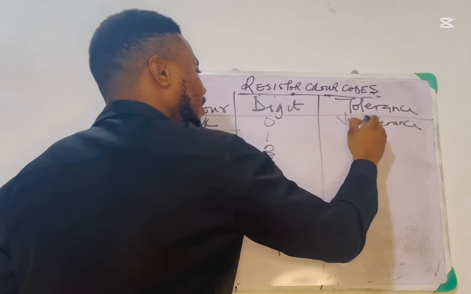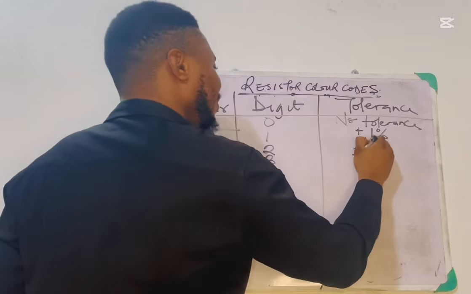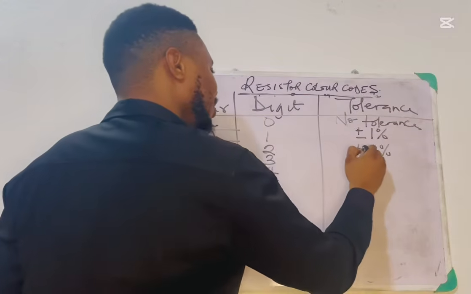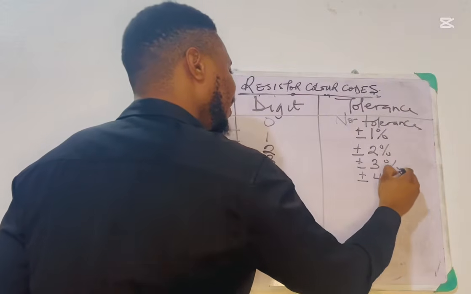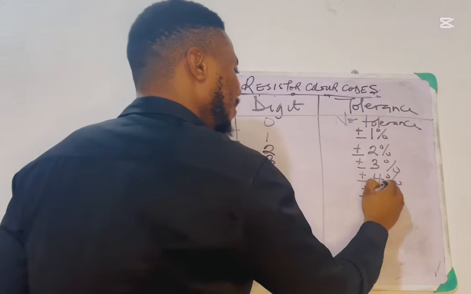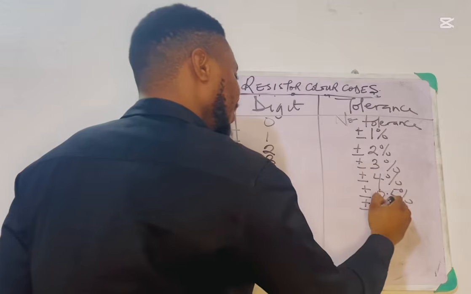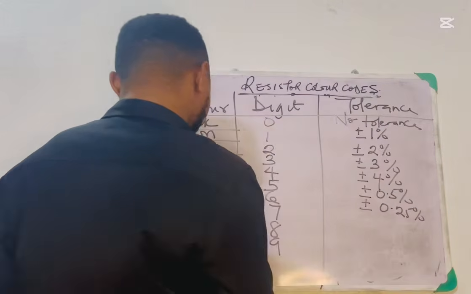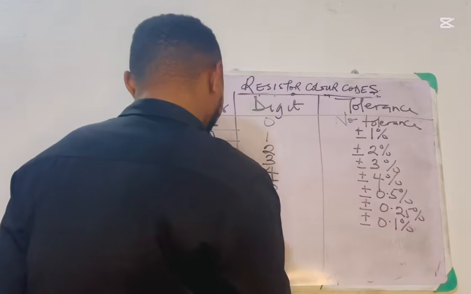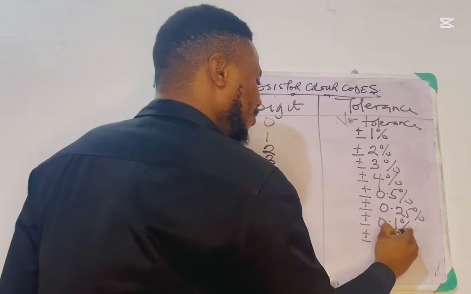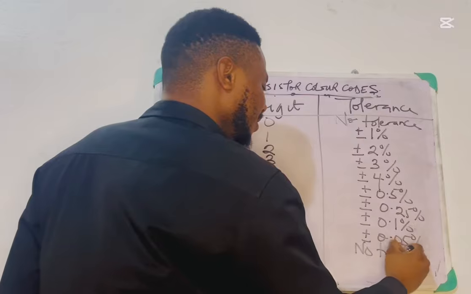Brown is plus or minus 1%, red plus or minus 2%, orange plus or minus 3%, yellow plus or minus 4%, green plus or minus 0.5%, blue plus or minus 0.25%, violet plus or minus 0.1%, gray plus or minus 0.05%, white no tolerance.